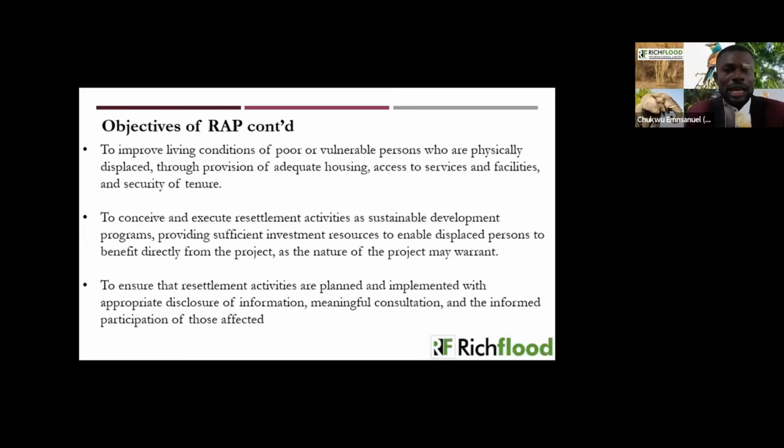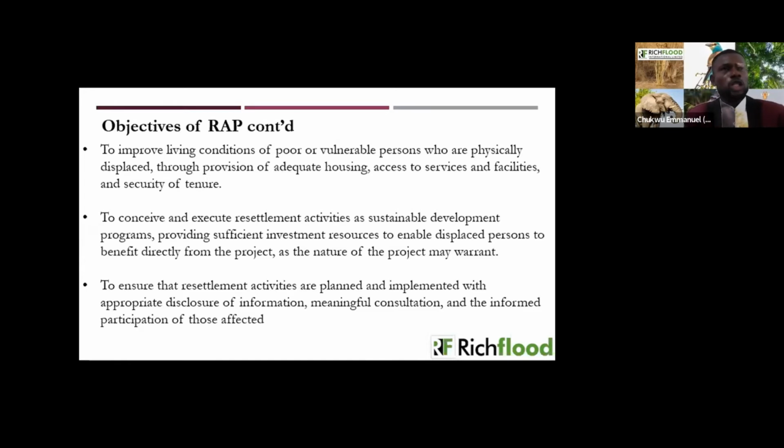It also seeks to conceive and execute resettlement activities as sustainable development programs, providing sufficient investment resources to enable displaced persons to benefit directly from the project as the nature of the project may warrant.